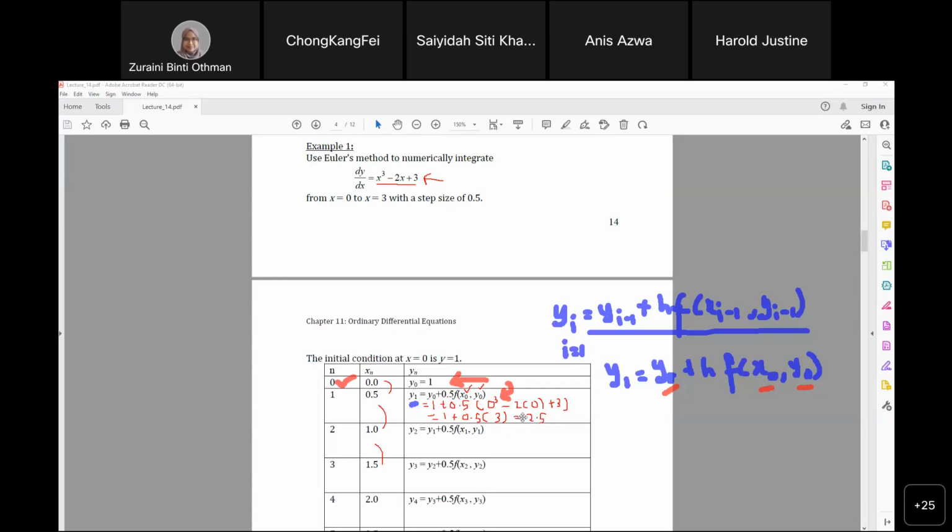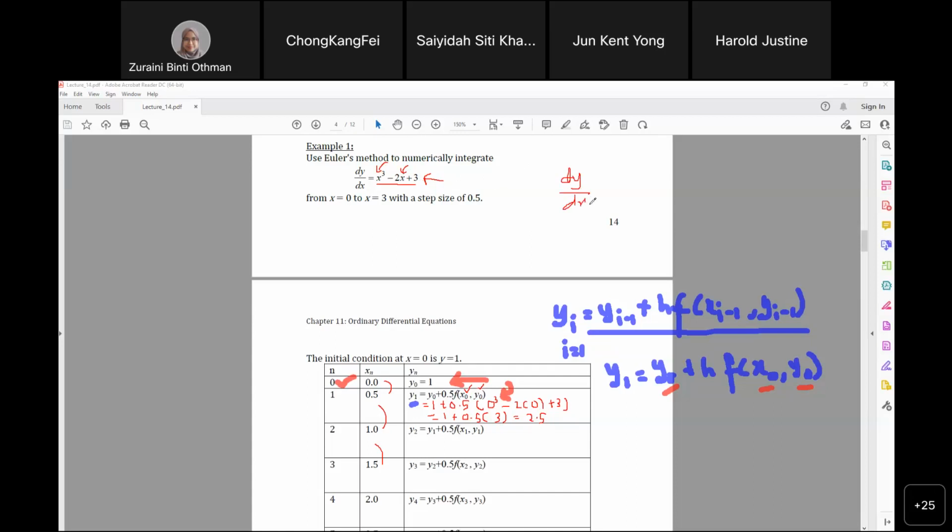Any question for Euler method? What happened to the y0? Okay, because our equation here only consists of x, then we only use the x value. Actually, for the differential equation, if you look at the question, there is dy over dx.